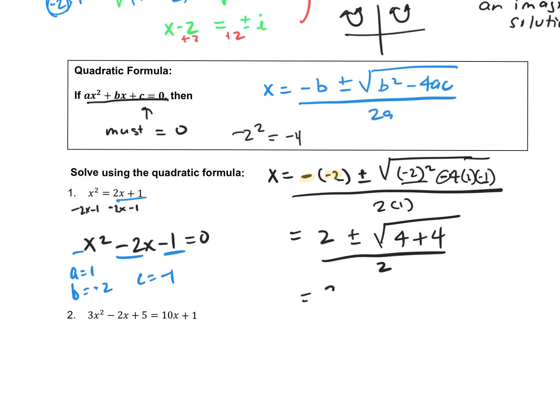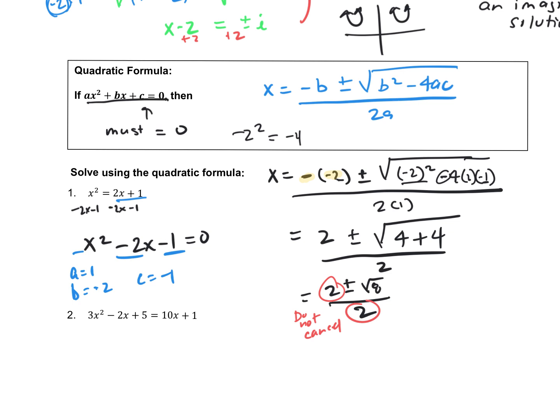So this is 2 plus or minus the square root of 8 over 2. Caution, caution, caution. These two do not cancel. You'll get an incorrect answer. I'll show you in a minute how that works out.